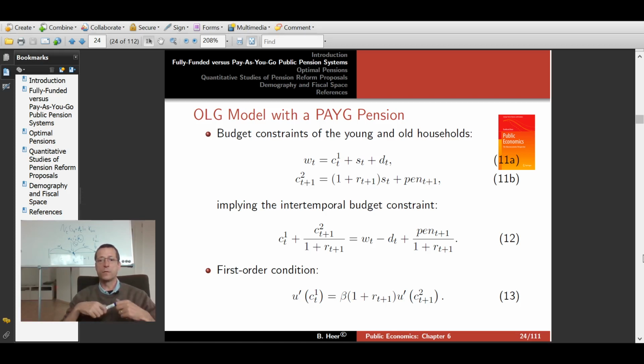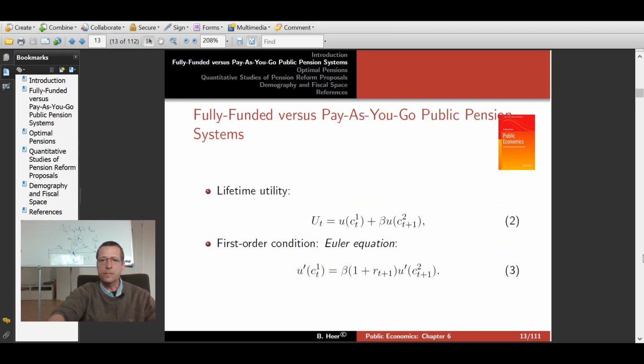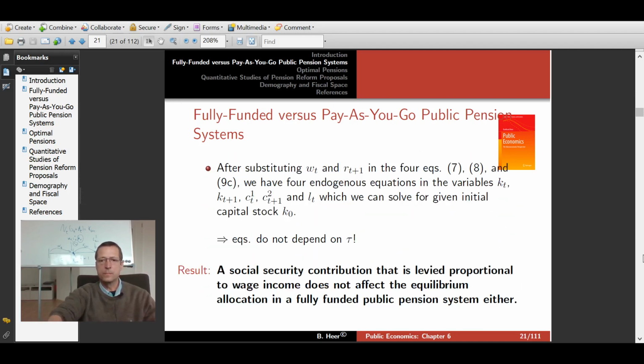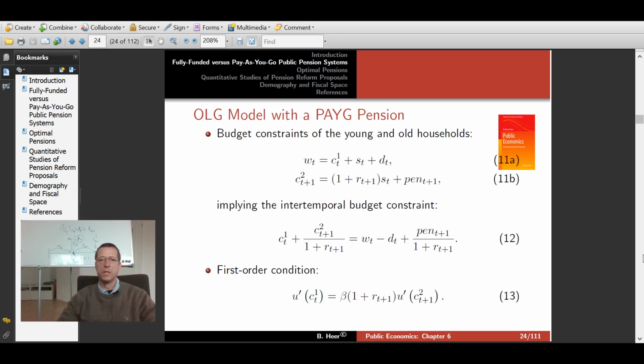We can derive the first order Euler equations, so our lifetime utility is again provided by equation 2. And we get to the same Euler equation 3 as before. So our Euler equation: u prime of c_{1t} is equal to beta times (1+r) times u prime of c_{2t+1}.